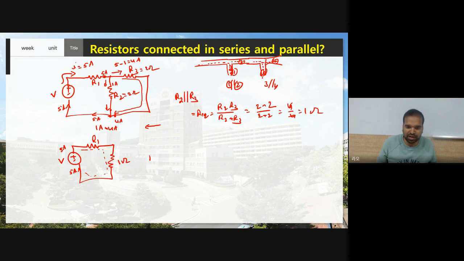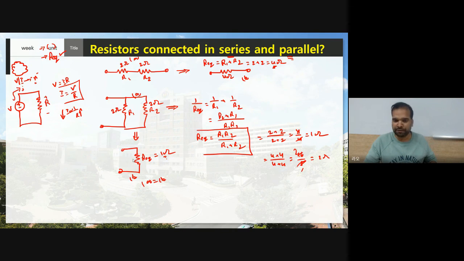Let us consider R1 is 2 ohm. This 2 ohm resistor and 1 ohm resistor are connected in series. If these two are connected in series, what you need to do is 2 plus 1, that is 3 ohm. This is how you need to identify whether elements are connected in series or parallel. If elements are connected in series, you need to add them. If elements are connected in parallel, you have the formula R1 R2 by R1 plus R2.